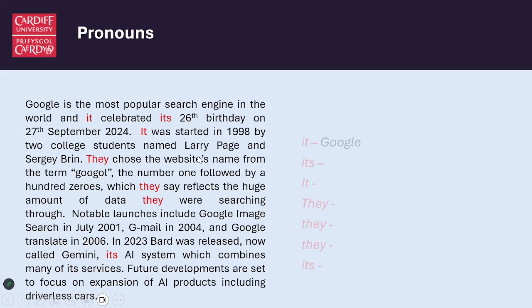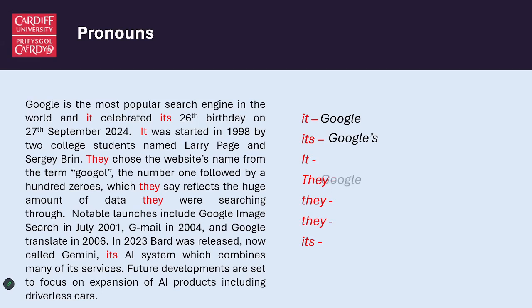Okay, so, right. I apologize. So we did one already. What did you think the next it was? It was started. Company, Google. Yeah, exactly. They is Larry and Sergey. It is, yes.